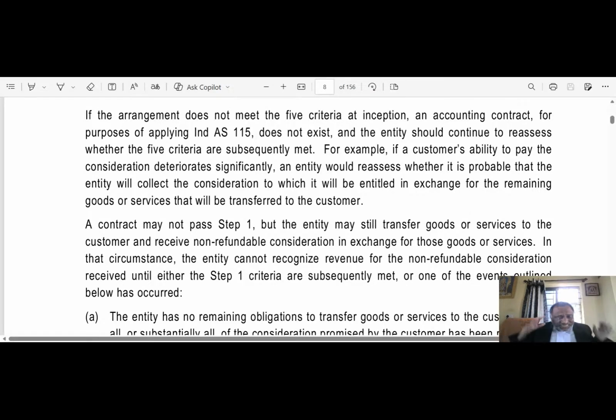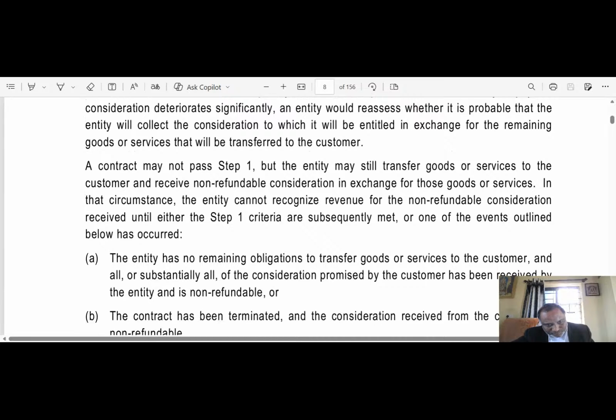received until either the step 1 criteria are subsequently met or one of the events outlined below has occurred.